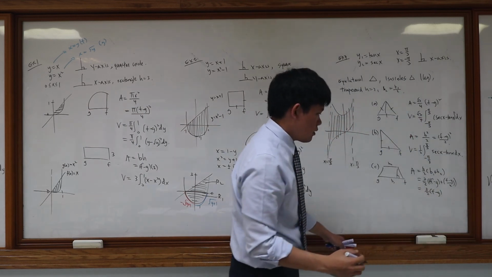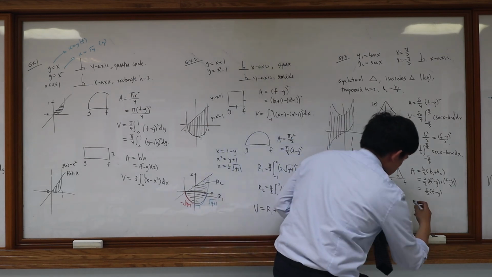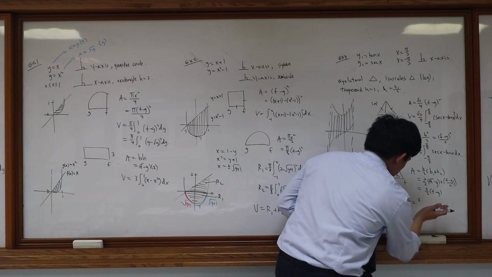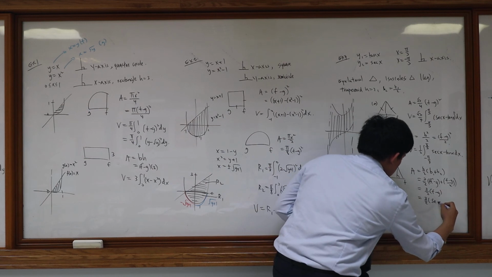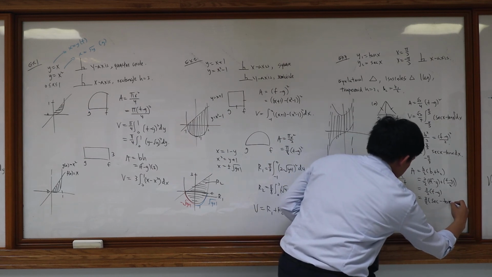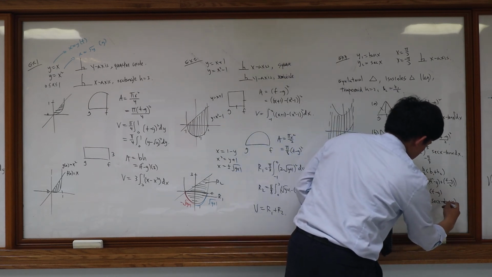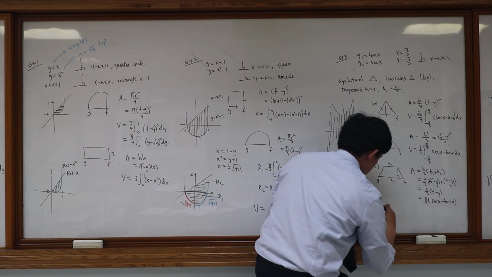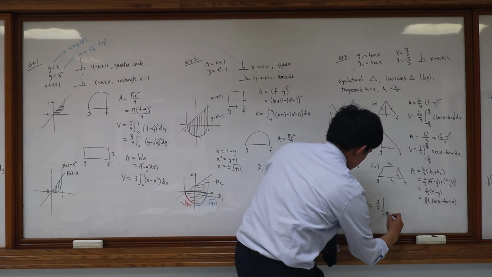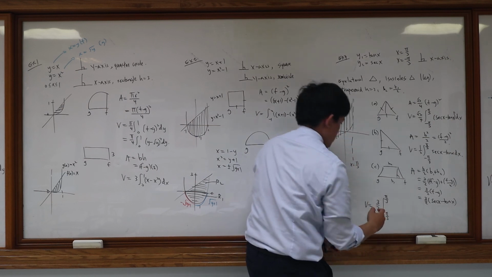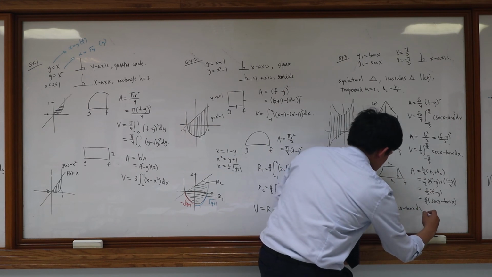My f here is secant minus tan, so my area is equal to 3 over 2 secant x minus tan x. That means my volume here is equal to 3 over 2 integral from, same thing, negative pi over 3 to pi over 3, and my top function is secant x minus tan x dx.